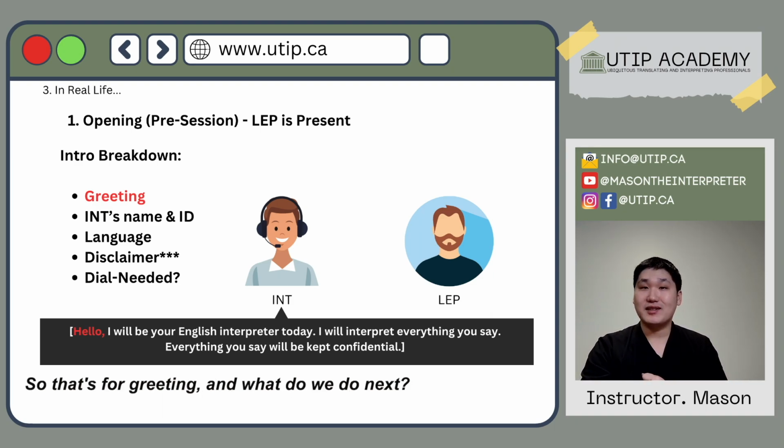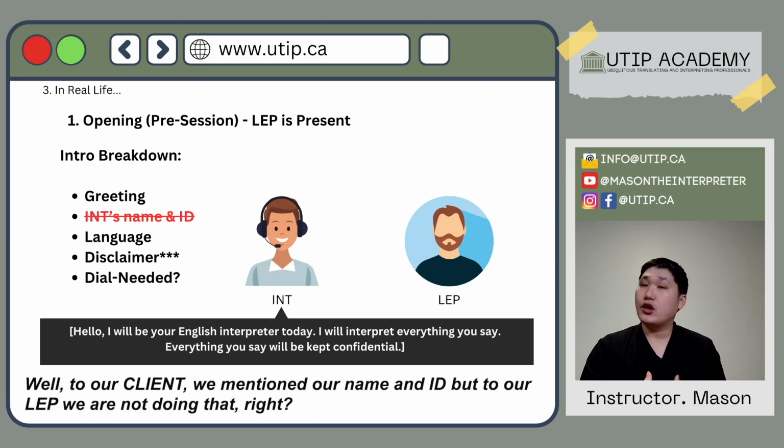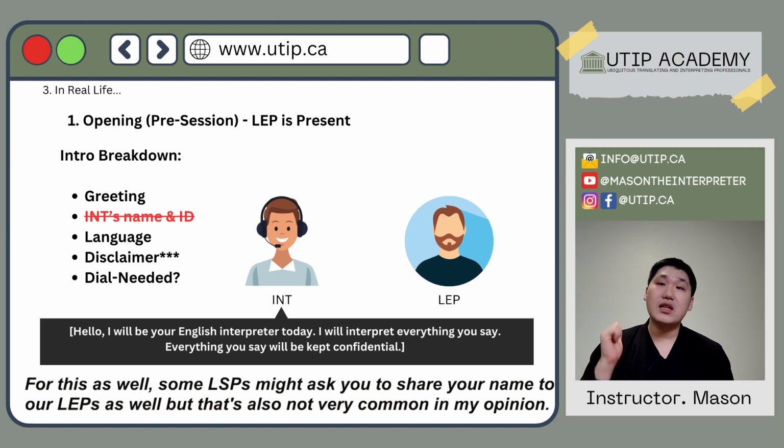And what do we do next? Well, to our client, we mentioned our name and ID, but to our LEP, we are not doing that, right? For this as well, some LSPs might ask you to share your name with the LEPs, but that's also not very common in my opinion.